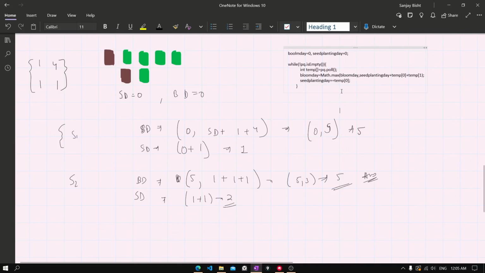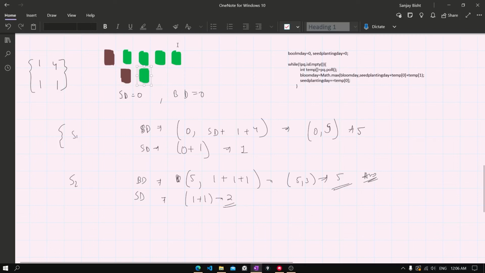The seed day will be 0 plus, since the existing was 0, we just add this one here, and it becomes 1. After that we have the second seed, and we check against the existing bloom day, which is 5, and when it will be finished.